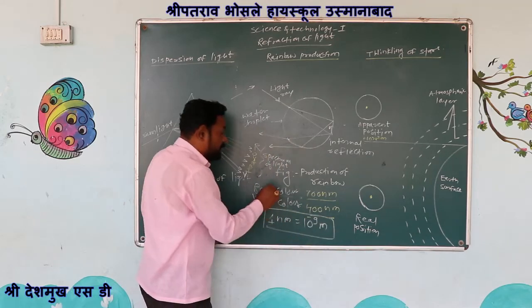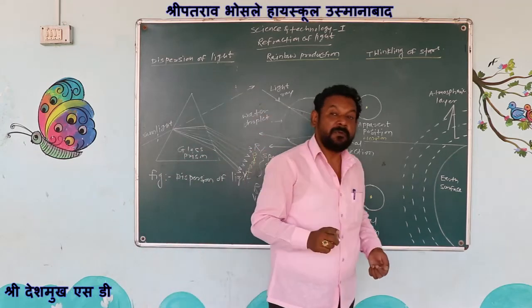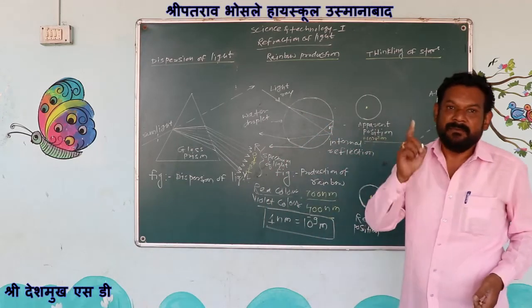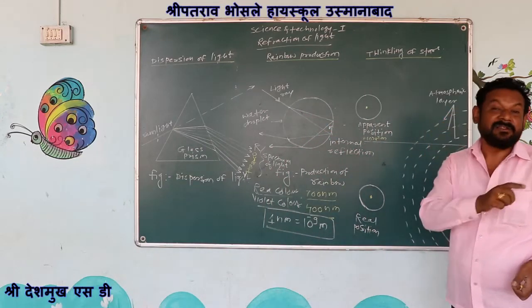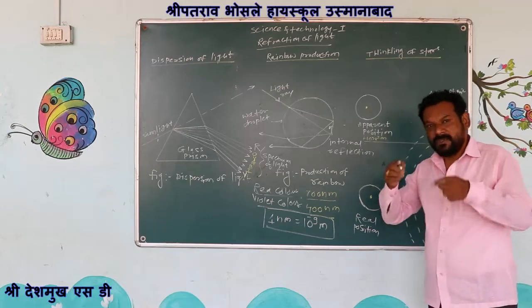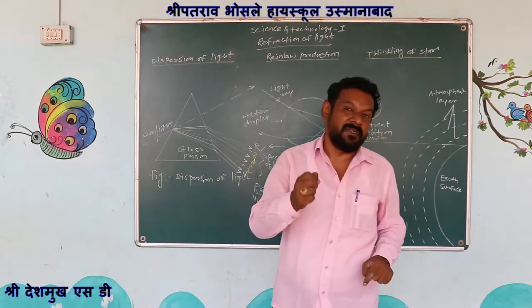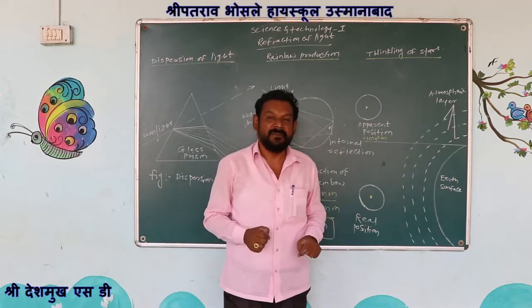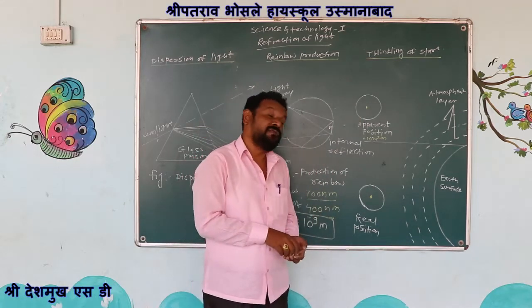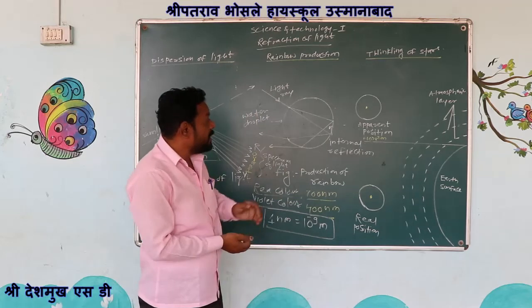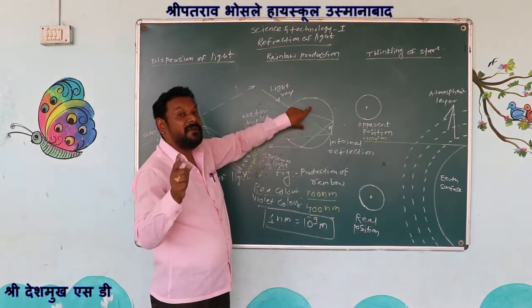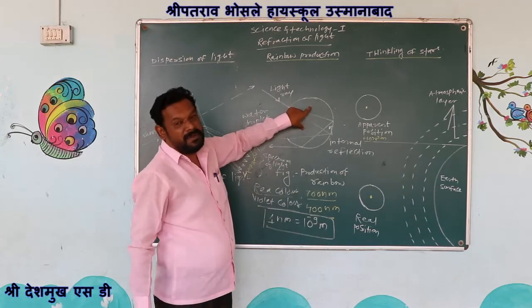Look here, wavelength is an important property of radiation, because frequency is also an important property. The velocity of light in vacuum is the same for sunlight, and different colors have different frequencies.